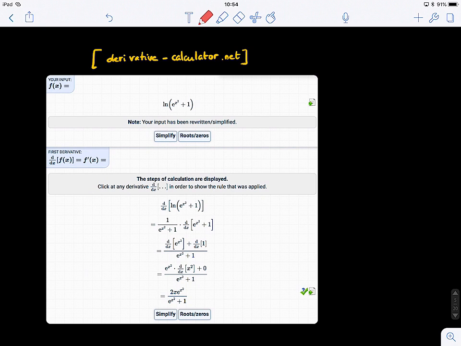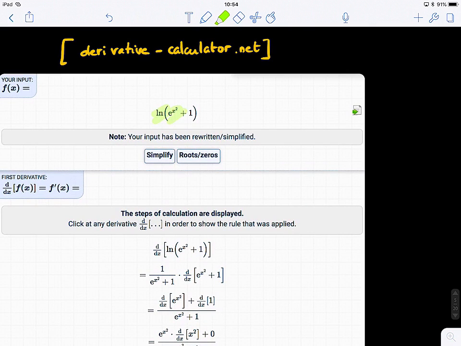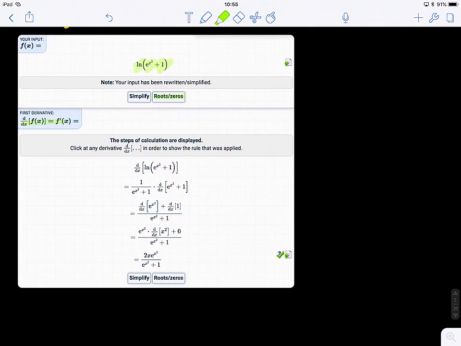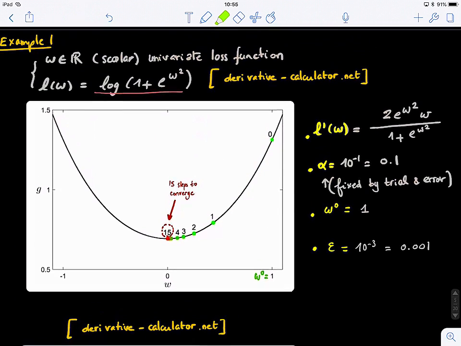So if you check derivative-calculator.net, you can just type in the function, then easily derive its roots, and you can also compute its derivative, and this is the derivative of our function right there, and you can find where the derivative takes 0 values.